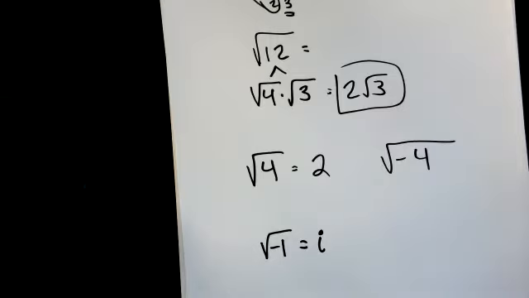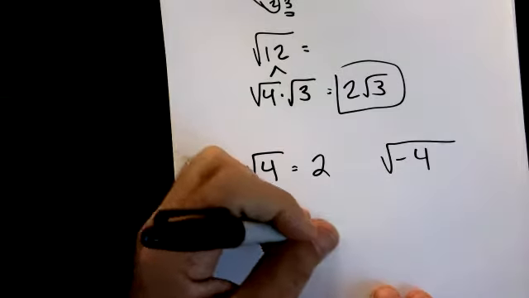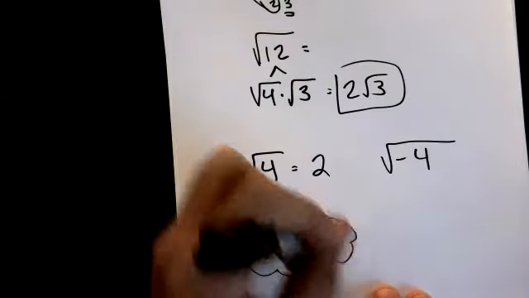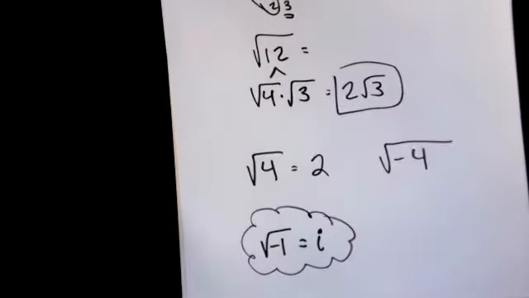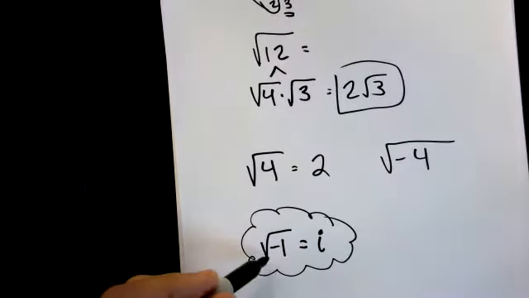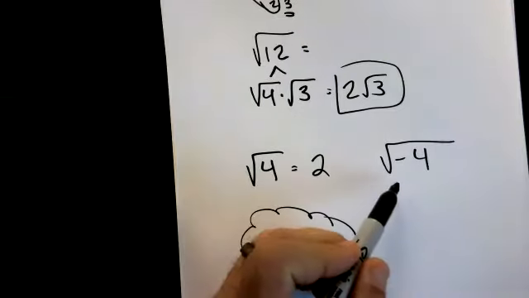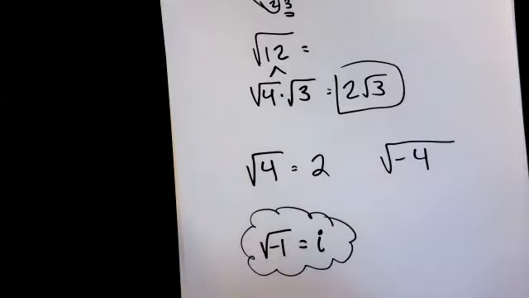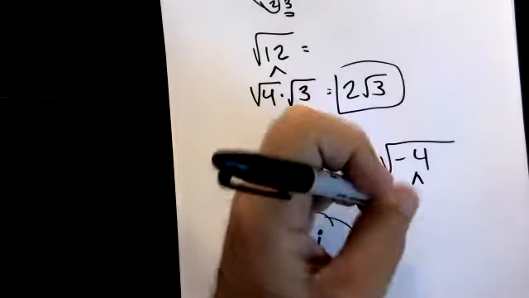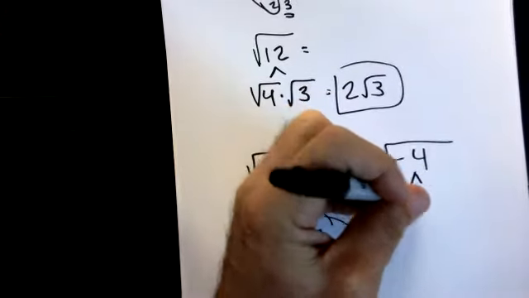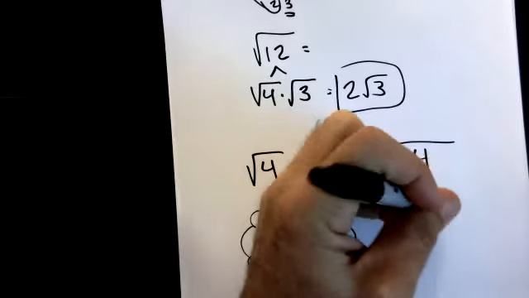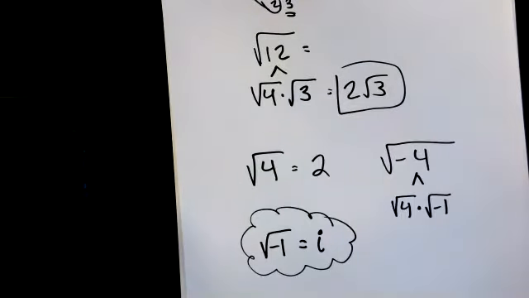So again, due to the need, they created this number. It's an imaginary number, but they're calling the square root of -1 just an I. It stands for the imaginary number. So now if I was told to simplify the square root of -4, we could rewrite this as the square root of 4 times the square root of -1.